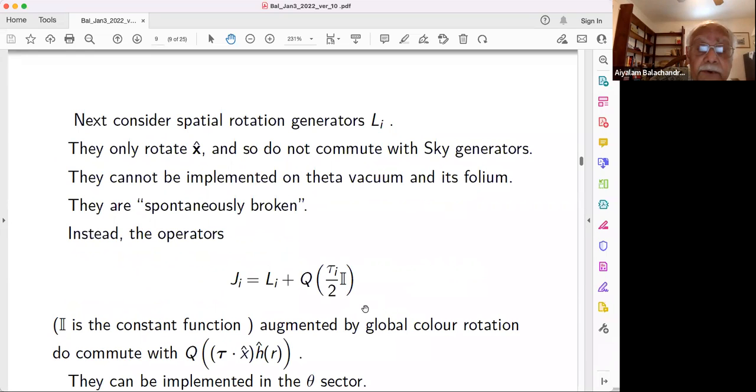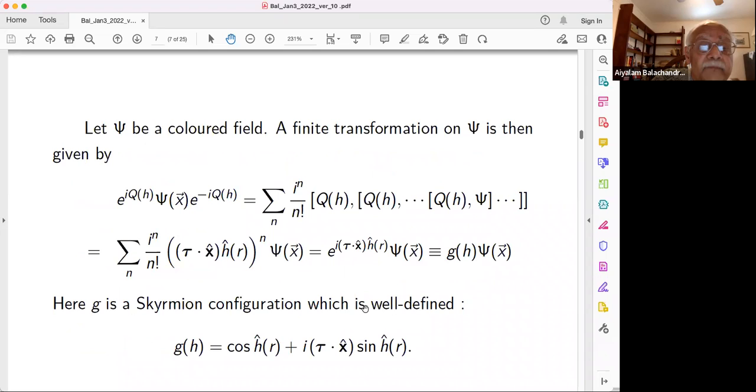Notice that this object here, this Q of h, this g of h, I told you that all observables must commute with this, because it is a gauge transformation. So local observables will not know what is happening at infinity, and they will commute. But this operator is very strange, because this g of h couples x hat with this SU(2) 2x2 matrix, which comes in the definition of, for example, the connection in the Chern-Simons term.